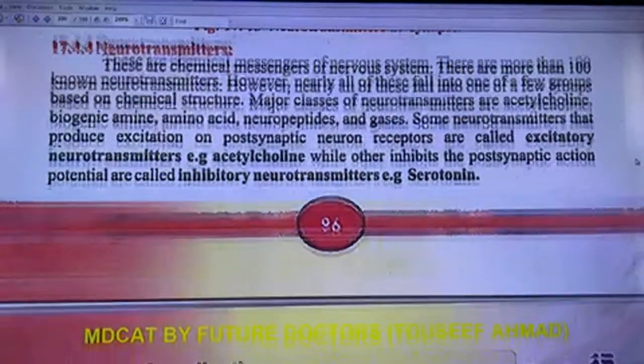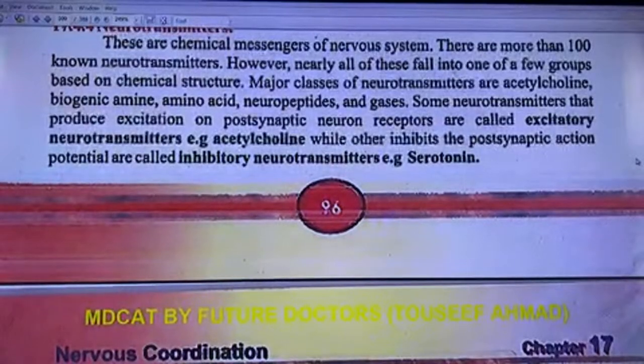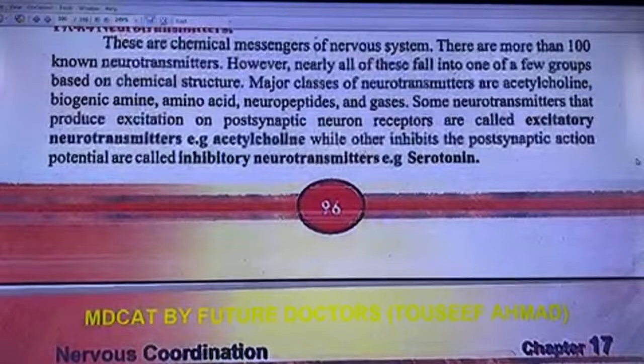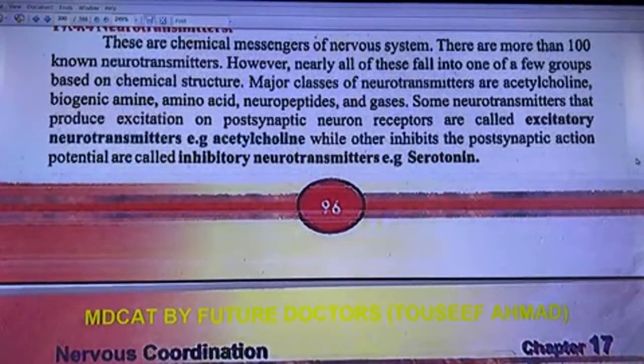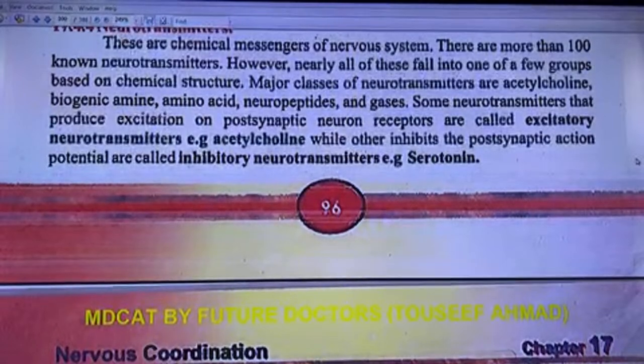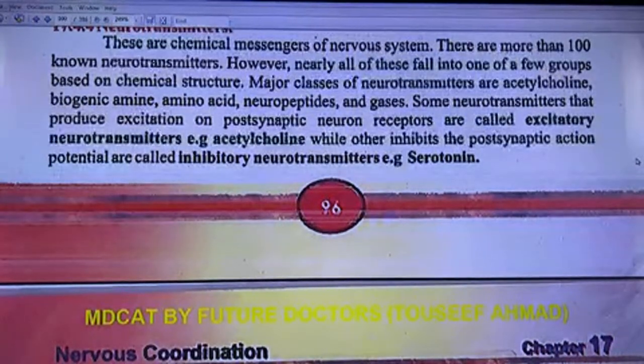Neurotransmitters. These are chemical messengers of the nervous system. There are more than 100 known neurotransmitters. However, nearly all of these fall into one of a few groups based on chemical structure. Major classes of neurotransmitters are acetylcholine, biogenic amines, neuropeptides, and gases.